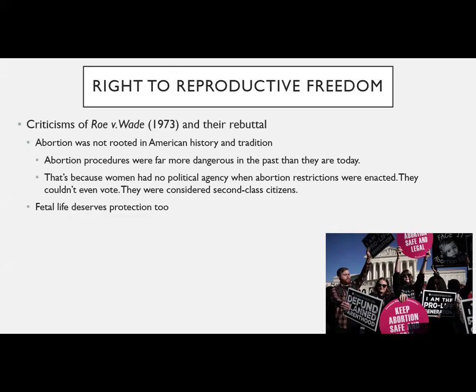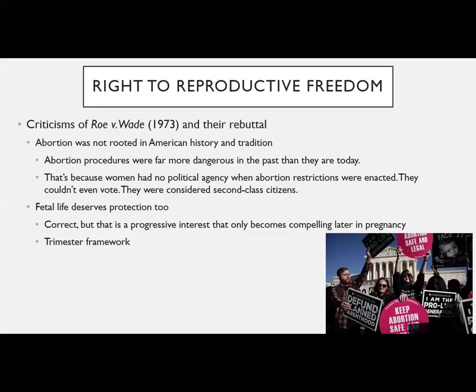Roe acknowledged the state's interest in protecting fetal life, noting that states have varying theories for defining when life begins. It also acknowledges states' interest in protecting maternal health, but the majority considered these interests to be progressive interests that grew more compelling as the pregnancy progressed through the 3 trimesters. And that is why the Roe Court developed the trimester test for abortion restrictions.